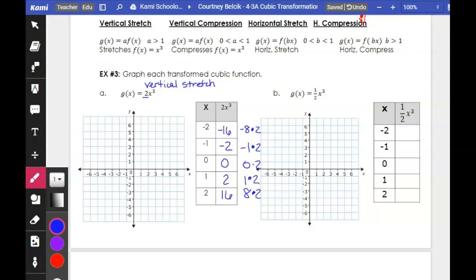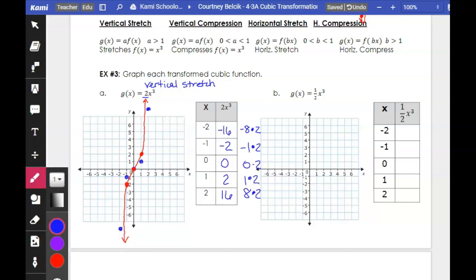So instead of my original points, I have my new points. So -2, -16 can't be graphed, but -1, -2 can, and 0, 0, and 1, 2, and 2, 16 can't be graphed, but we know that it's way far down there. So it has been stretched vertically.